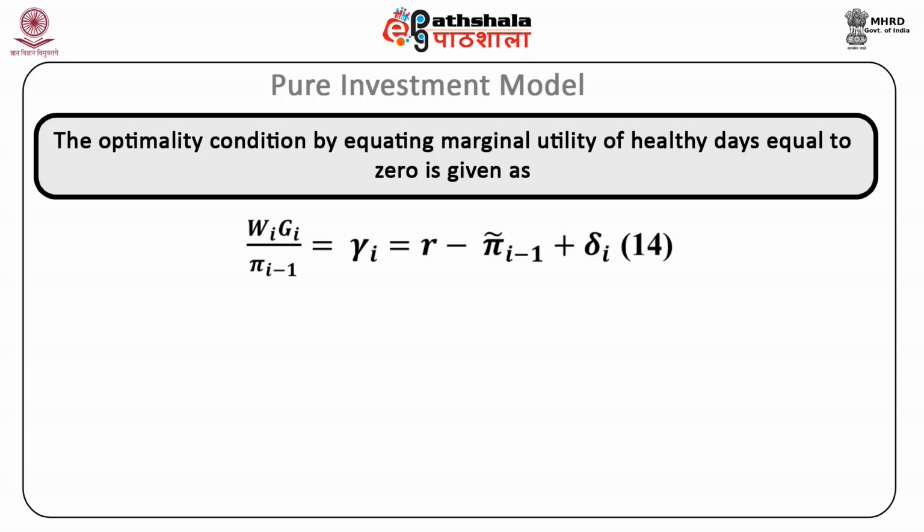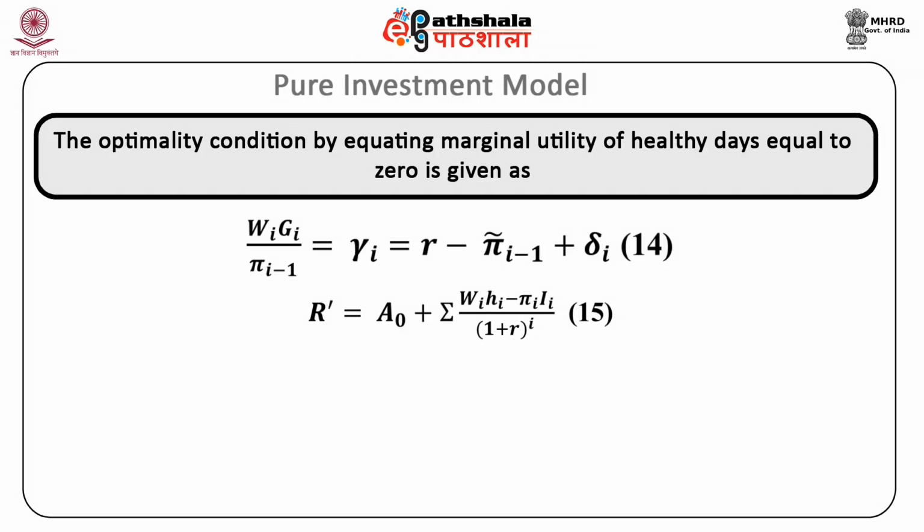By eliminating health from the utility function, the full wealth constraint is R dash is equal to A0 plus summation Wi into Hi minus pi i into Ii upon 1 plus R raised to the power i. Equation 15.